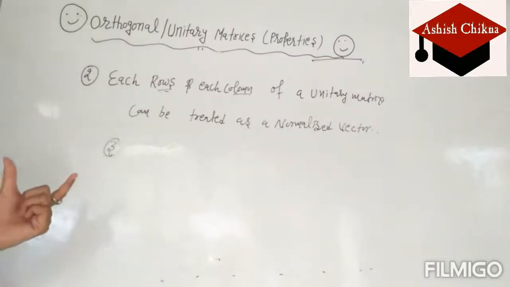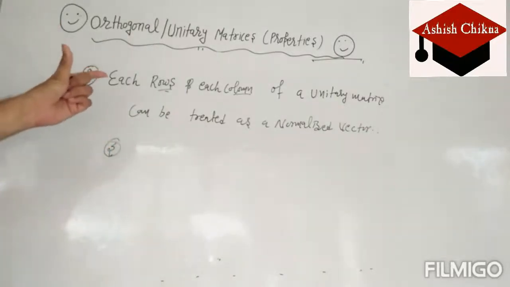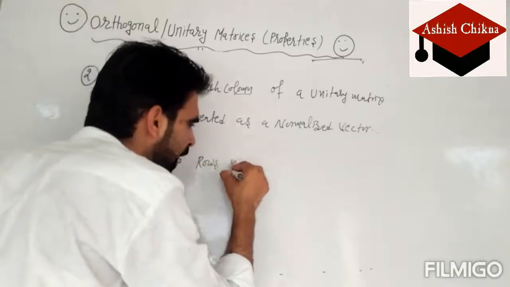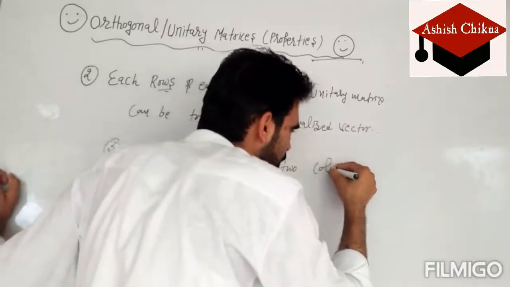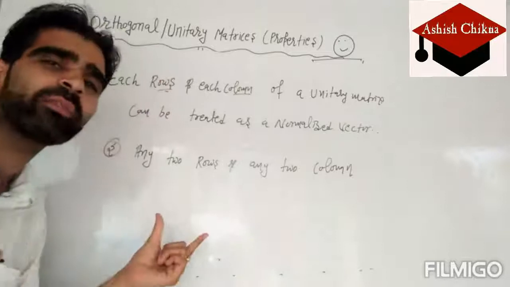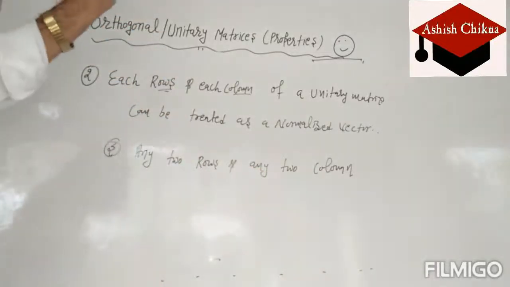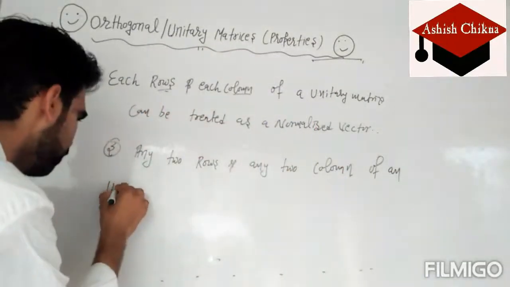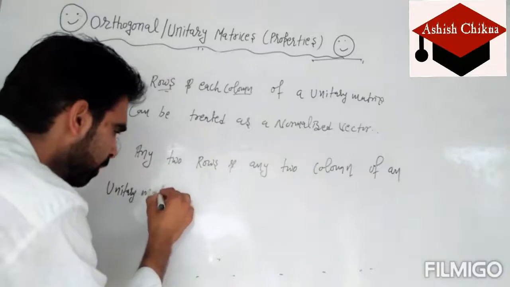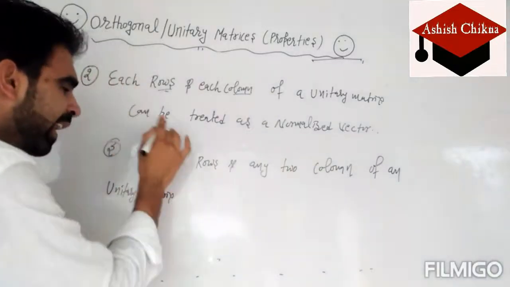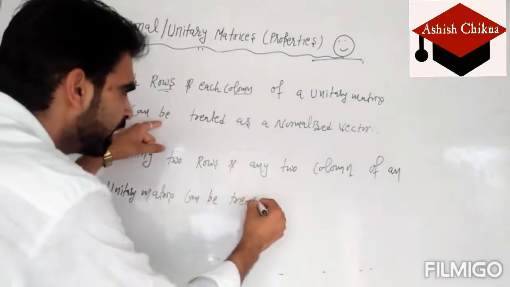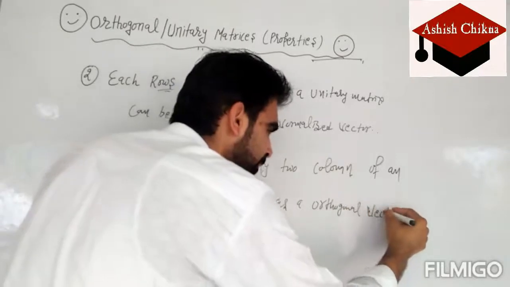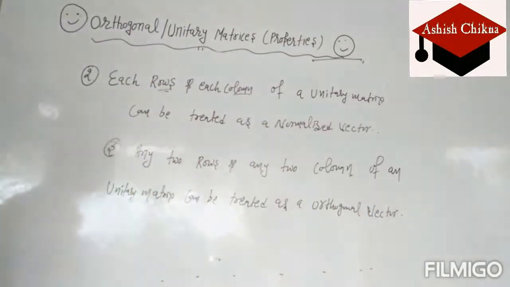Now the third property of the unitary matrix: any two rows or any two columns of a unitary matrix can be treated as orthogonal vectors.